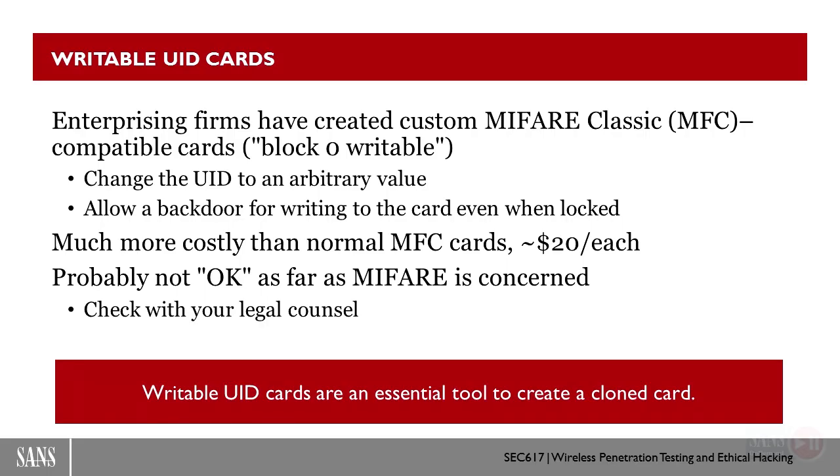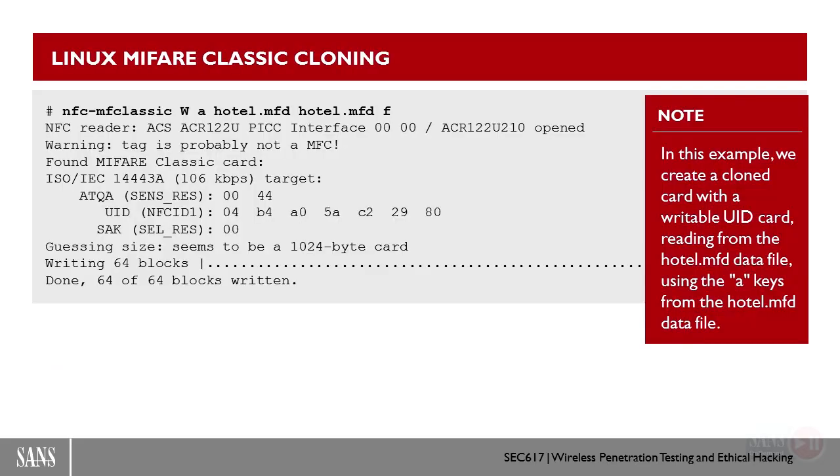The only way we can clone MyFair 1Ks is with one of these magic cards where we can update the UID, which falls outside of the MyFair specification. We can do this cloning under Linux with NFC MF Classic, and we're telling it to do a write command with the W using the A keys from a specific file, the A keys from Hotel MFD.